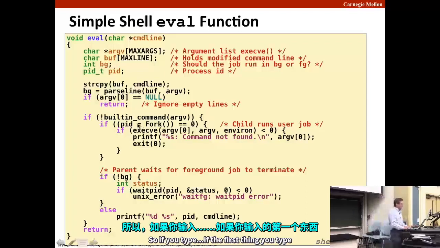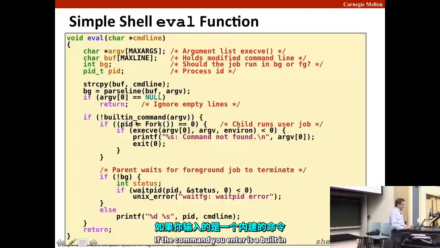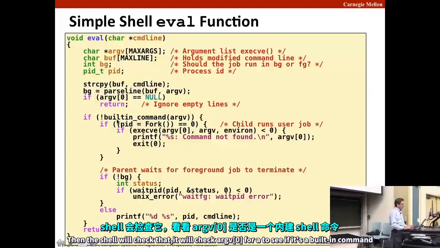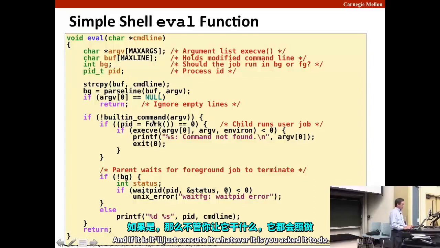So if the command you enter is a built-in, then the shell will check argv0 to see if it's a built-in command. And if it is, it'll just execute it, whatever it is you asked it to do.